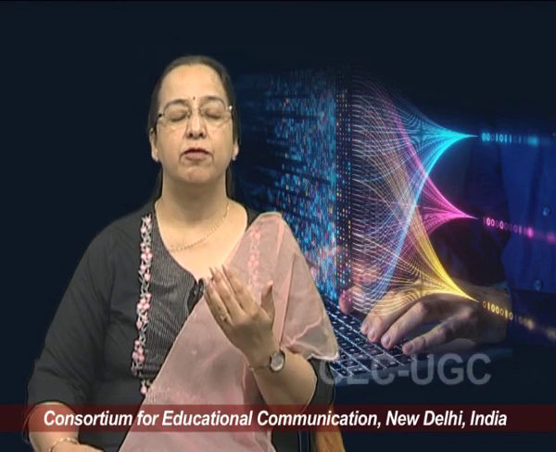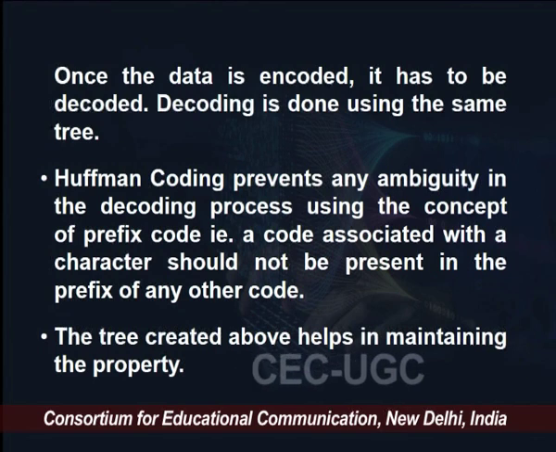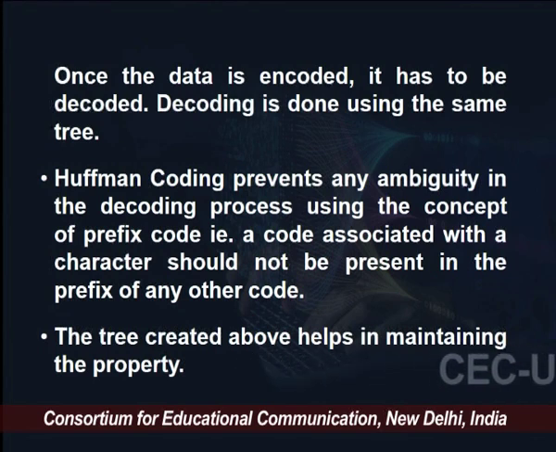That means we need to find the frequencies of these characters, and then these frequencies will be used to generate a tree, and then a code for each character is calculated. Once the data is encoded, it has to be decoded, and decoding can also be done using the same tree.